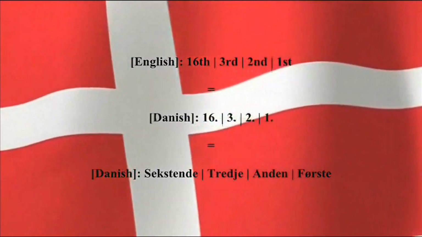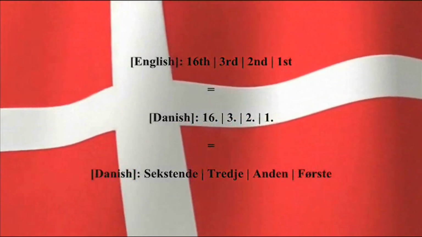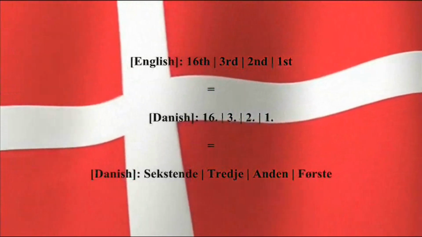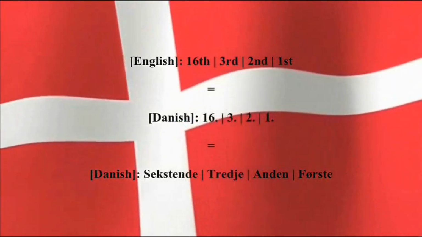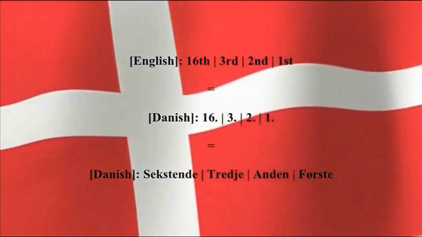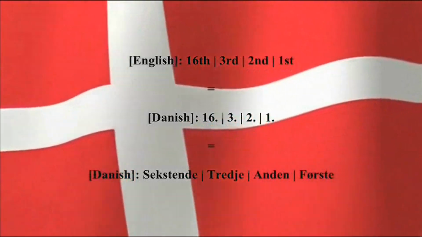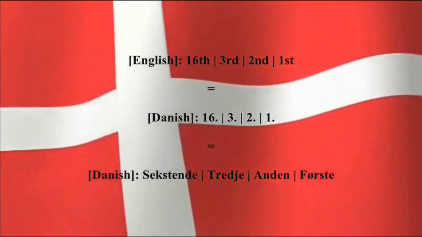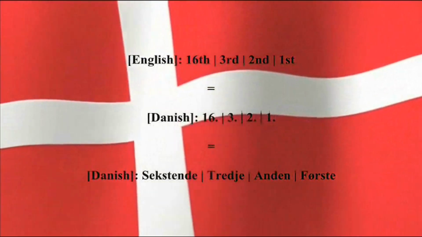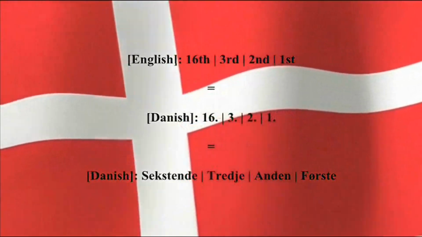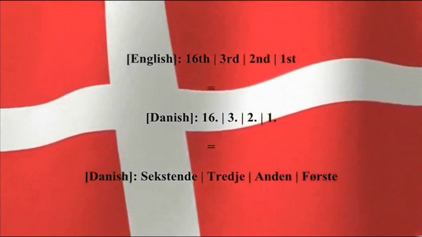This suffix consists of 2 letters, which can be like the ones mentioned in the example above. 16th with the suffix th, third with the suffix rd, second with the suffix nd, and first with the suffix st. However, this is not the case in Danish, because here we've chosen to replace that suffix with a dot instead. Therefore, in English, the suffix in a numeral word will correspond to the Danish dot behind the date number.